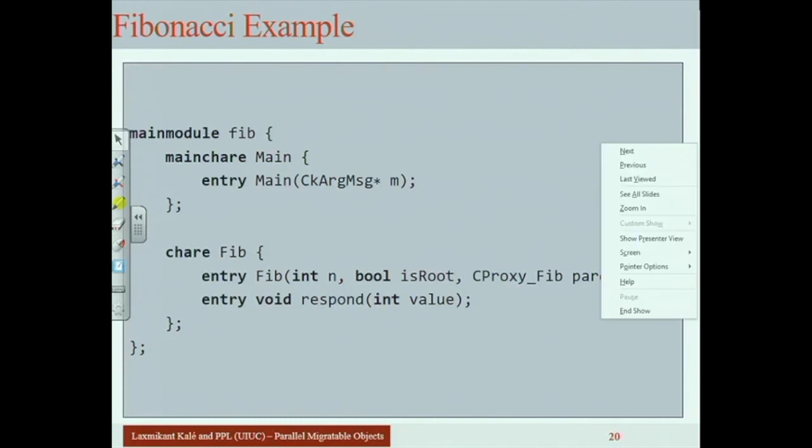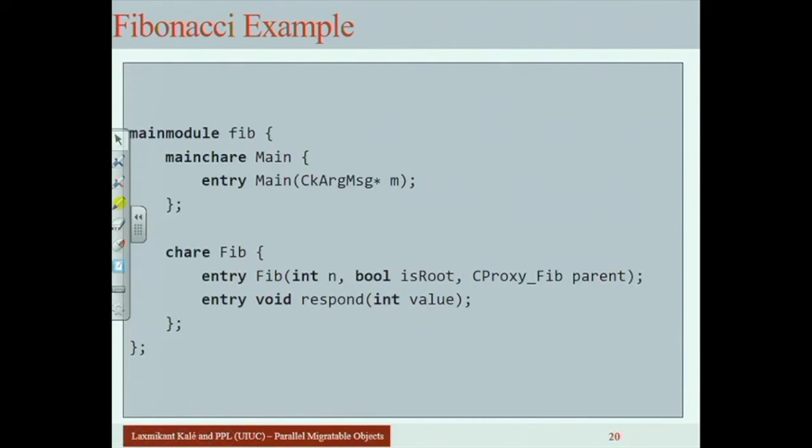So when we create a chare of type Fibonacci, or fib here, chare class fib, it has a constructor which is given a number n, which is the nth Fibonacci number that it's supposed to calculate. But in addition, it is given some additional parameters, because after all, it has to return the value to its parent. We are going to recursively generate them, right?